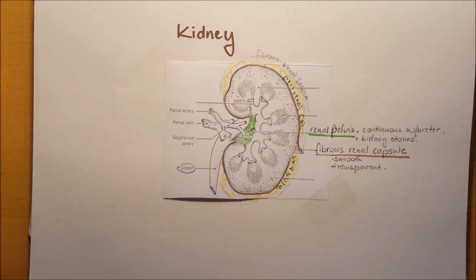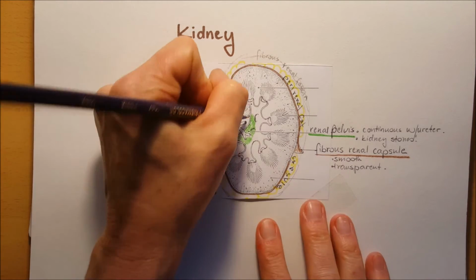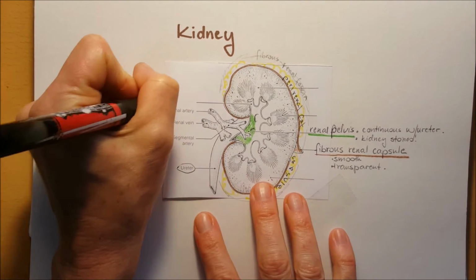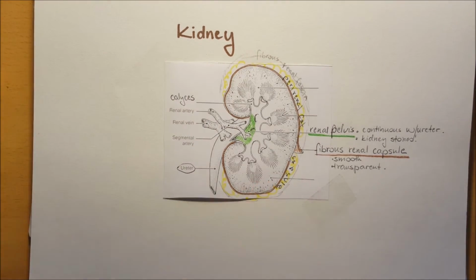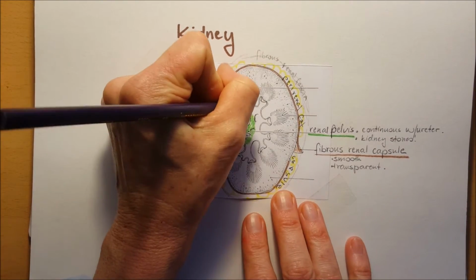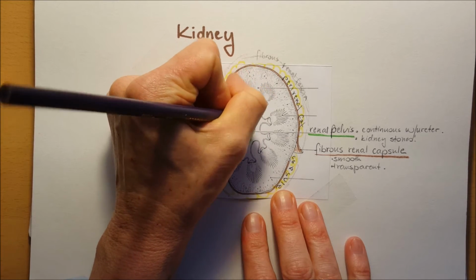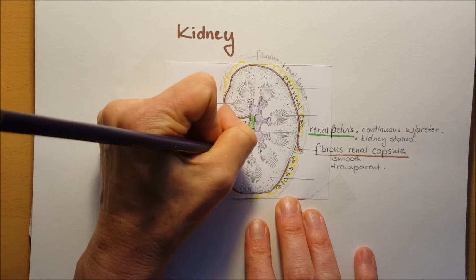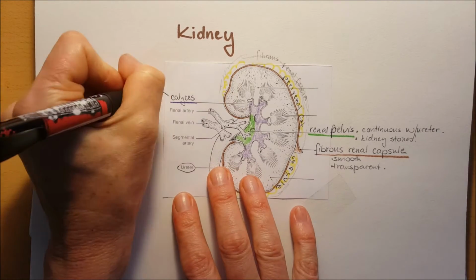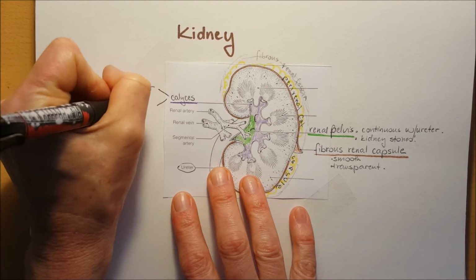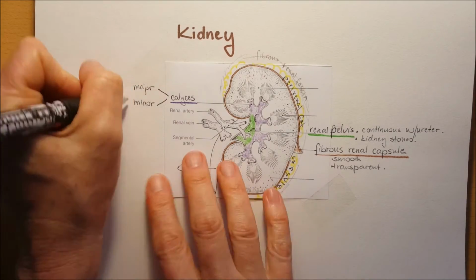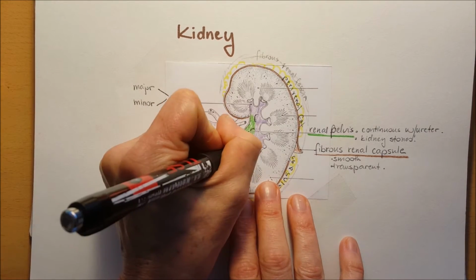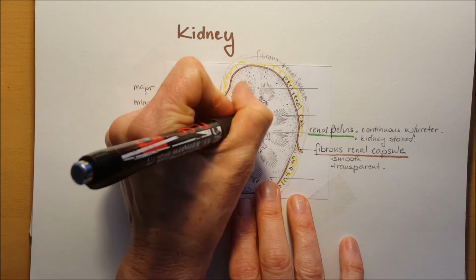The purple color is going to indicate the calyces. This is plural. Calyx is the singular form. Calyces is the plural form. We distinguish between major and minor calyces. The major ones are over there, closer to the pelvis area.